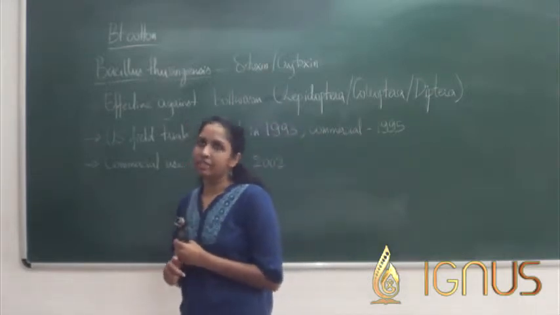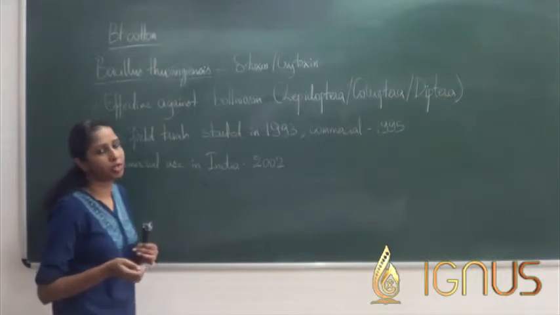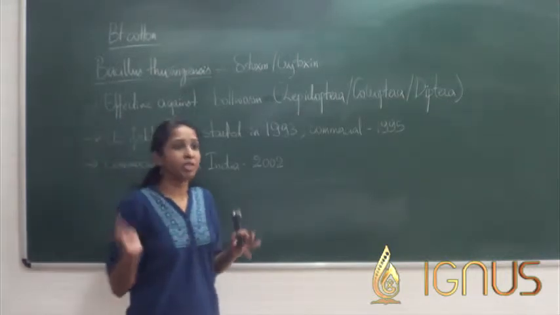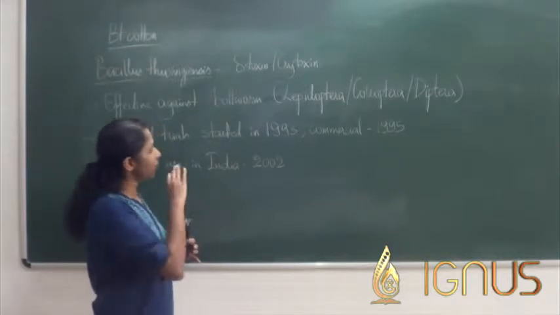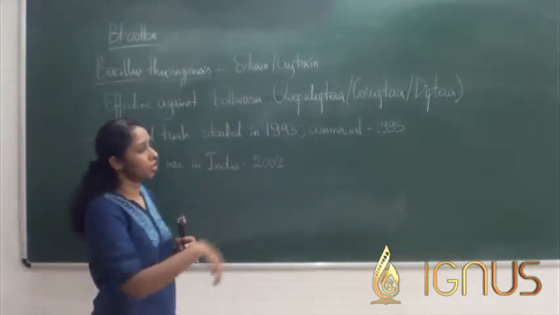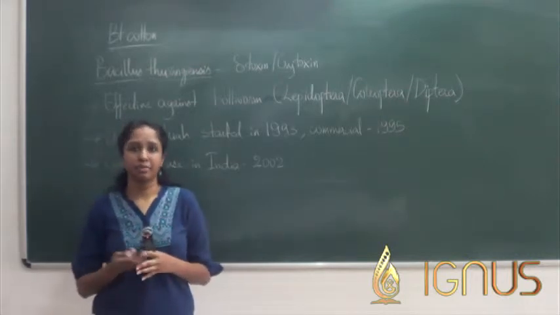Now the toxin is specifically targeted towards bollworm. Bollworm is a cumulative term given for larvae belonging to all of the three families, Lepidoptera, Coleoptera and Diptera.